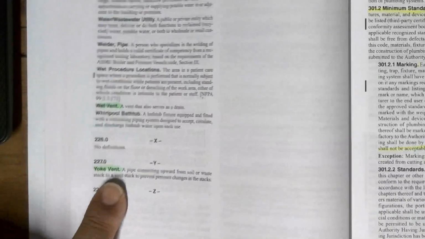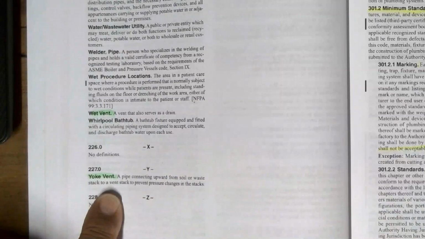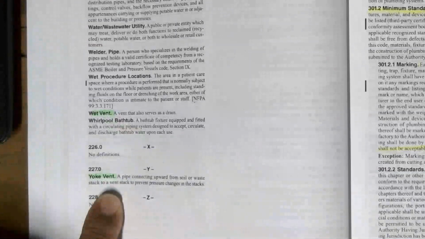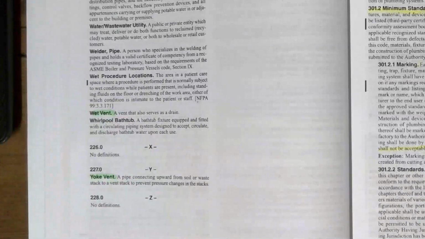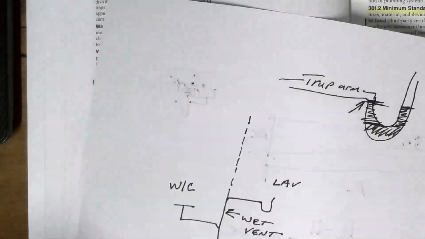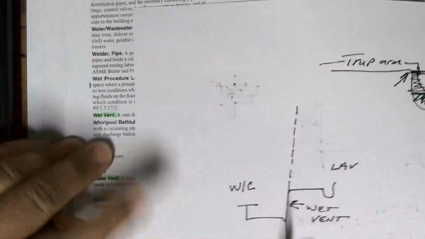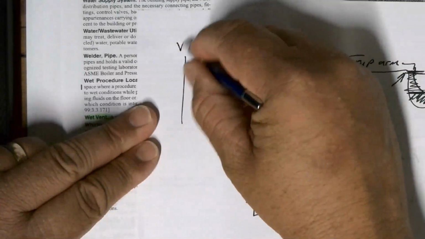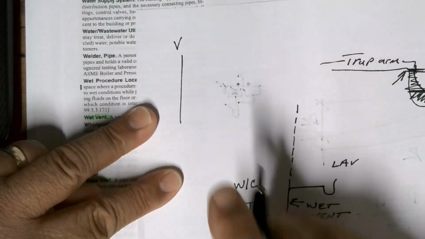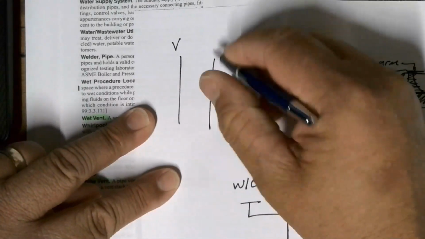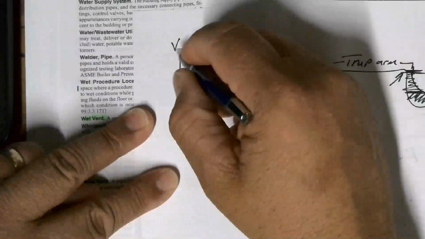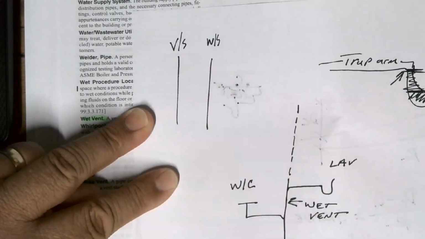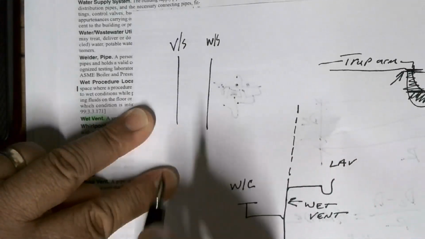Yoke vent. A yoke vent is a pipe connecting upward from a soil or waste stack to a vent stack to prevent pressure changes in the stack. Draw a quick one of that too. So you have a vent pipe, right? And let's say you have a waste stack right here, and this is your vent stack.